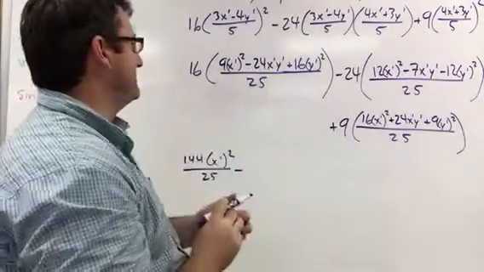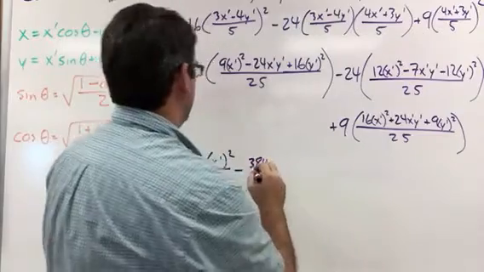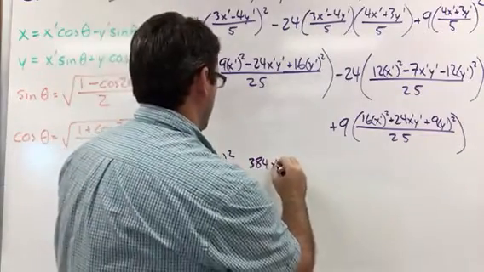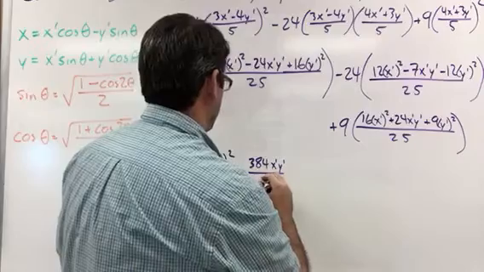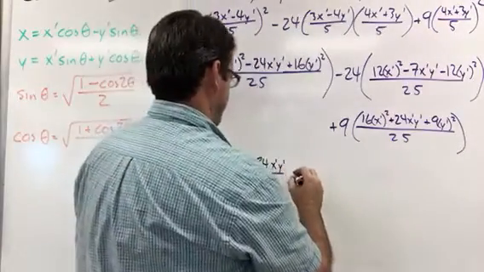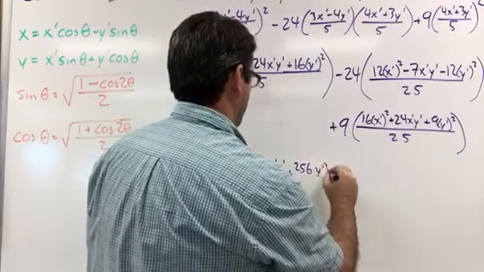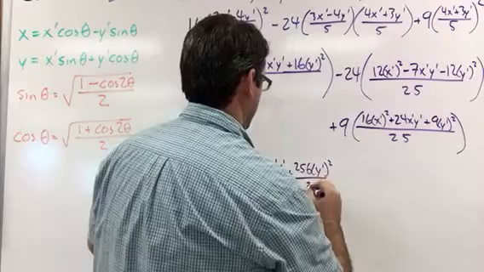Minus 16 times 24 is 384 x'y' over 25. Plus 16 times 16 is 256 y' squared over 25.